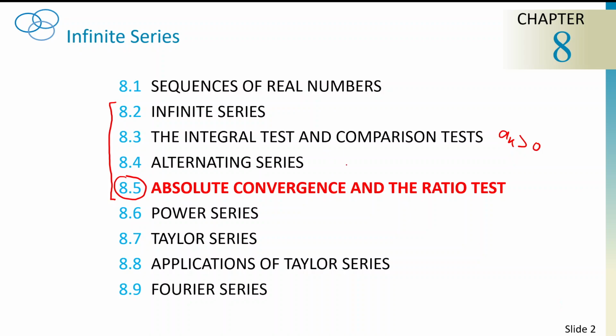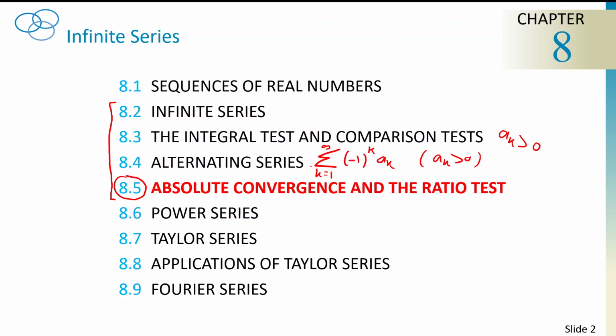Even with the alternating series, it has some negative terms, but it still has the condition that a_k should be positive. It has the alternating part only from (-1)^k. But still a_k should be positive, and the plus and minus terms are controlled by the (-1)^k, so it goes with a certain specific pattern.